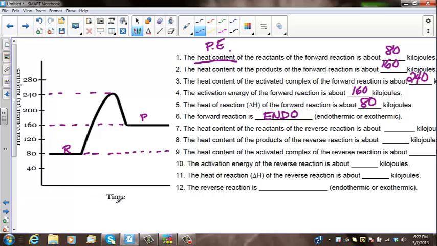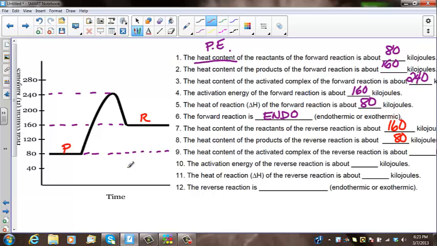The heat content of the reactants of the reverse reaction. So when I go in reverse, everything is opposite. When we go in the reverse direction, these are now my reactants and these are my products. So the heat content of the reactants is about 160. The heat content of the products is 80.